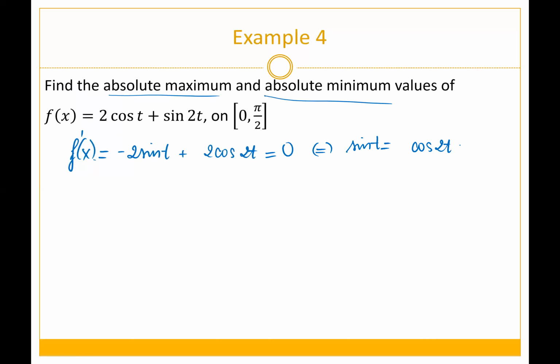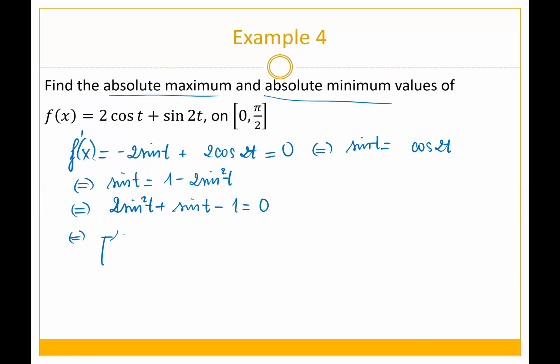Here we have to use the double angle formula to solve this. We have sine t equals 1 minus 2 sine squared t, and so you have 2 sine squared t plus sine t minus 1 equals 0.